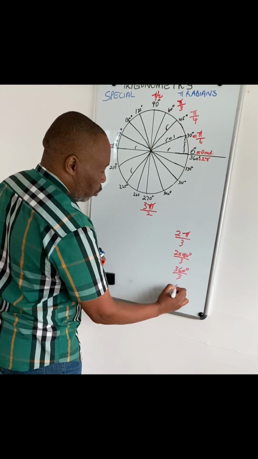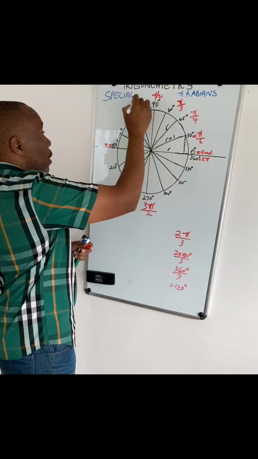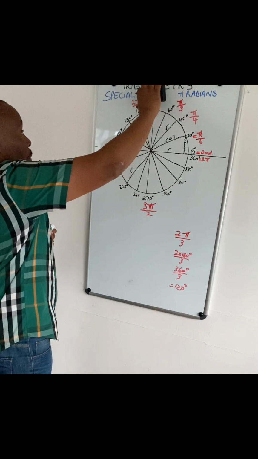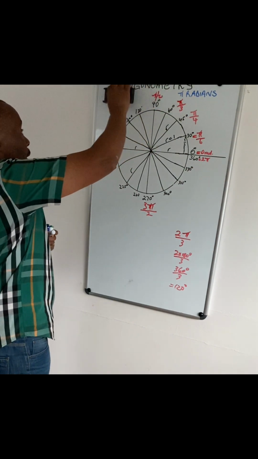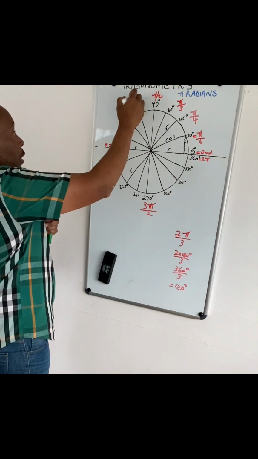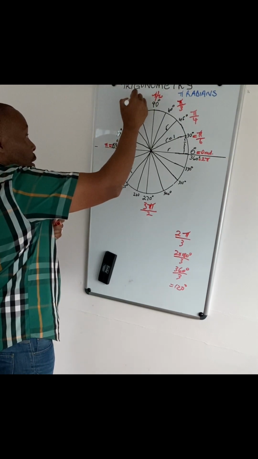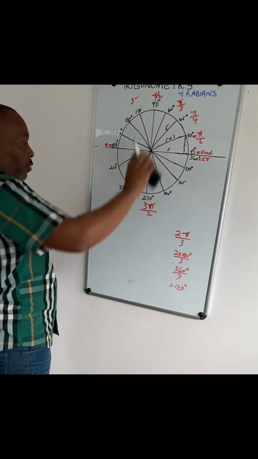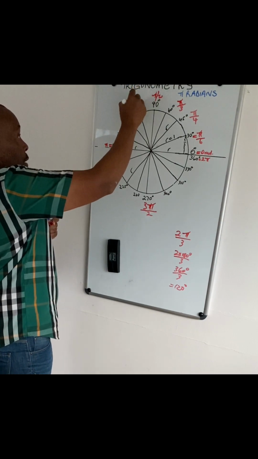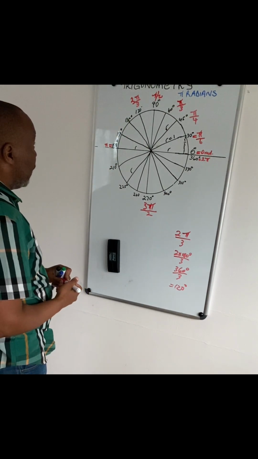Divide by 3, it's equal to 120 degrees. So we've got 2 pi over 3. So 120 degrees is equivalent to 2 pi over 3, not 3 pi over 2. Yes, 2 pi over 3 is 120.